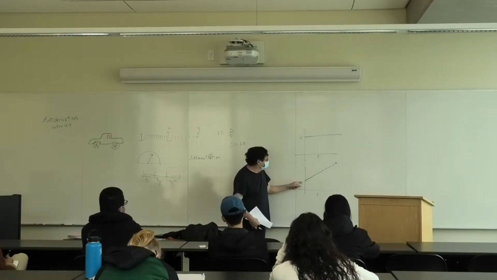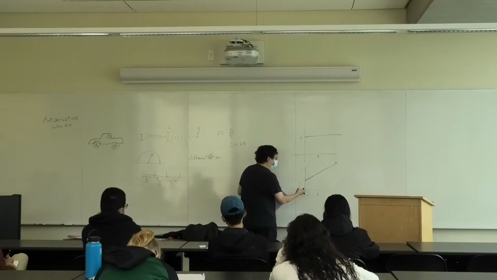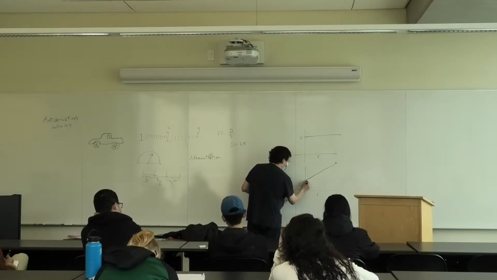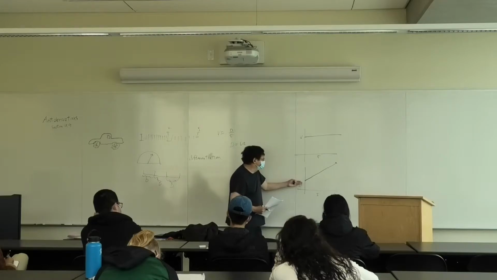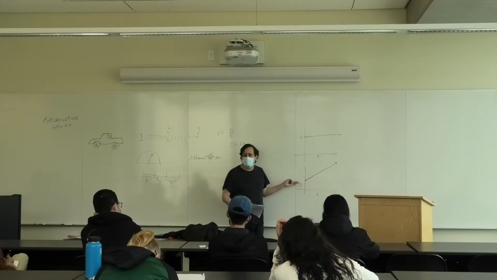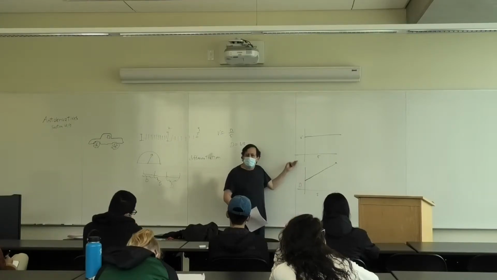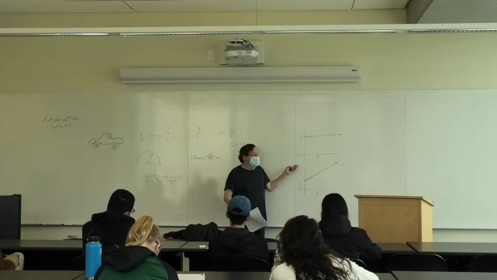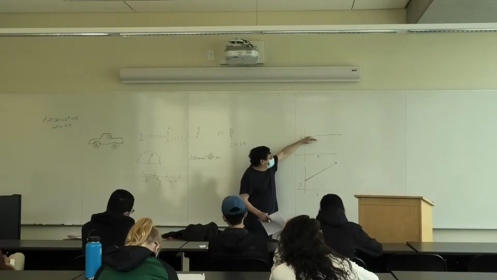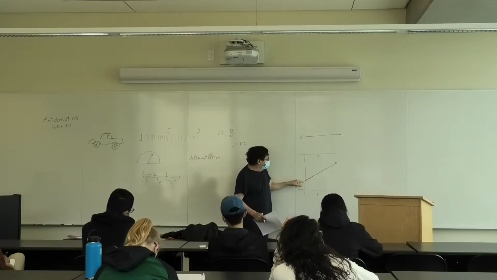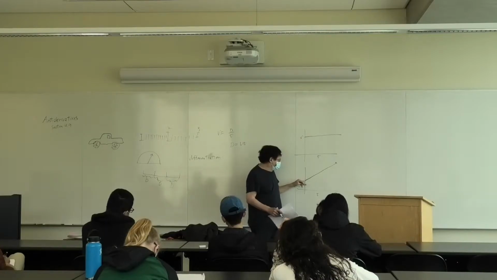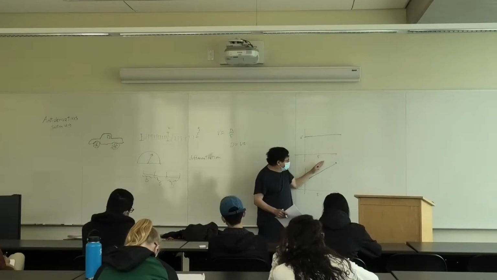I kind of started us here, but that might be a piece of information I know, but I might not know where we're starting. That can be a problem. Just knowing velocity doesn't tell me where we started. It just tells me, if I know where we start, how far we've gone.